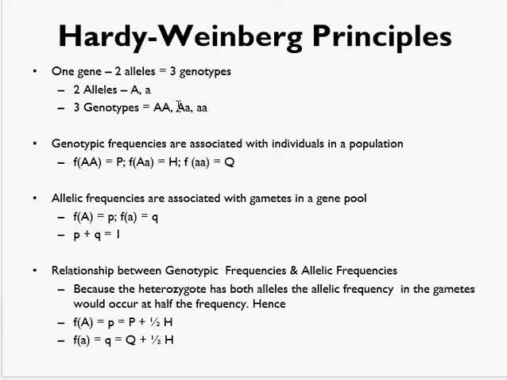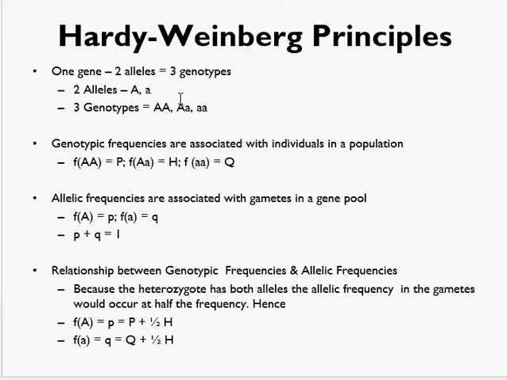So which one of these genotypes is the heteromorphic genotype at this locus? Yes, correct. The capital A and little a genotype is the heteromorphic one. So the higher proportion of this one we have, the greater the genetic variability in the population.